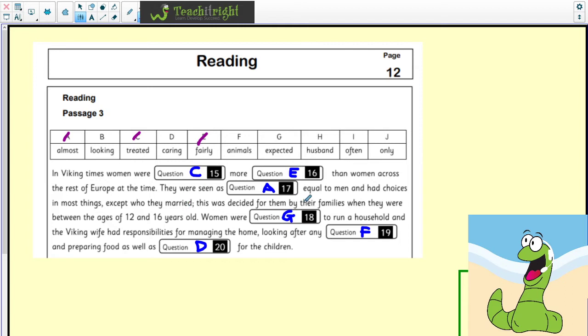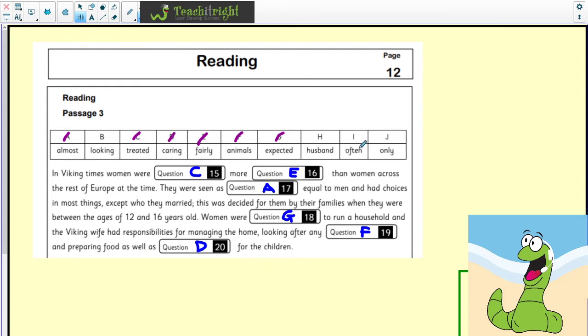This was decided for them by their families when they were between the ages of 12 and 16 years old. Women were something to run a household, were expected to run a household, and the Viking wife had responsibilities for managing the home, looking after any something, animals, and preparing food, as well as caring for the children.